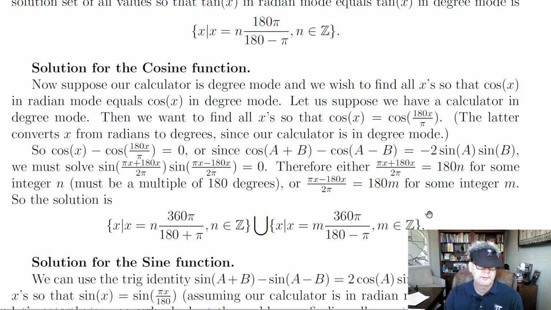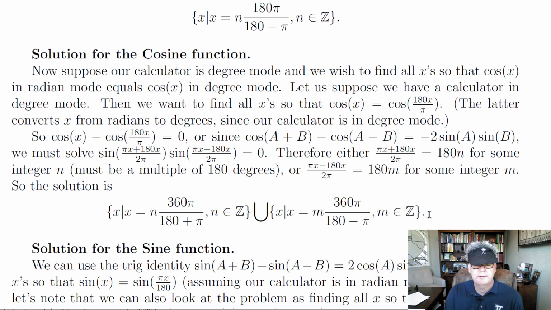And just to look at the printed version for cosine, we'll go in reverse order here. It was the union of these two sets of numbers. Again, for the even values, it matched here, but this also includes odd values of 180.